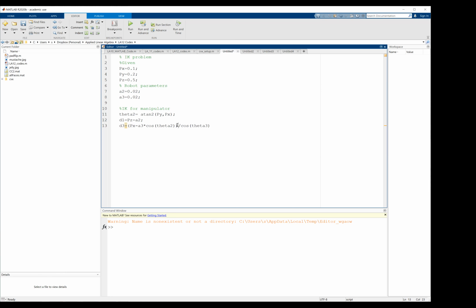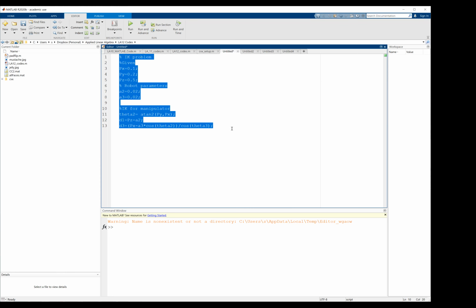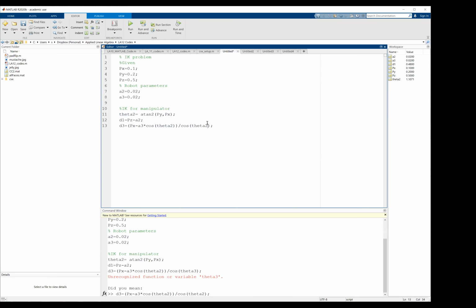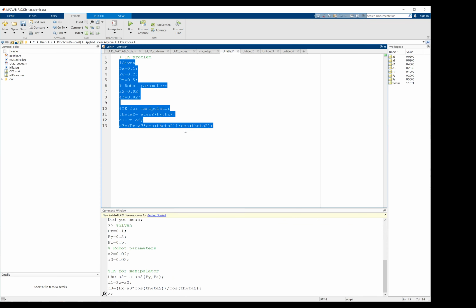Yeah, so this is from the inverse kinematics of the manipulator. And we can see if this works real quick. This would be theta 2. So I know the value of theta 2, I know the value of d1, I know the value of d3.